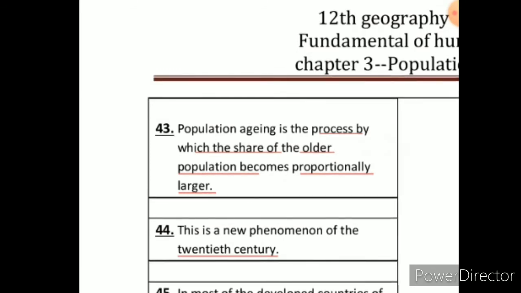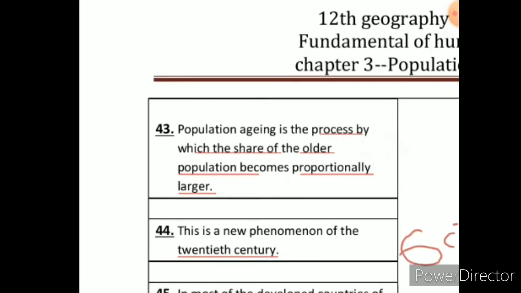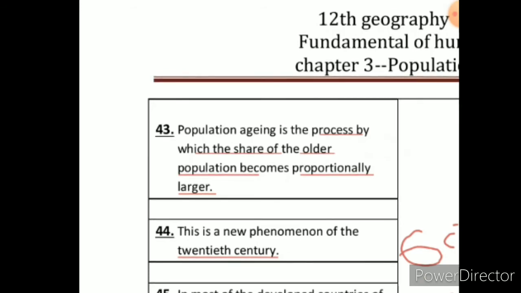Here aging population has increased more. Why? Because life expectancy has increased. Earlier life expectancy could be 60, now it is 72 somewhere, right? So what happens exactly? Birth rate में reduction हो गया, और death rate में भी कमी होगी, right? So that's the reason why the population has declined.